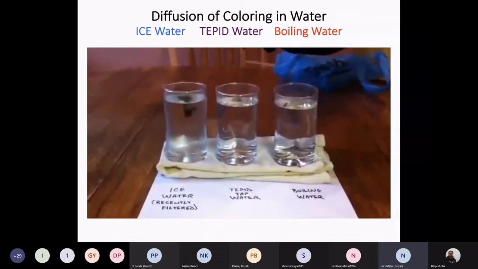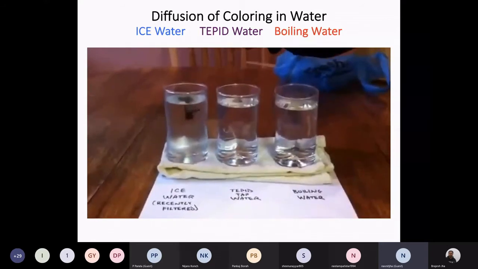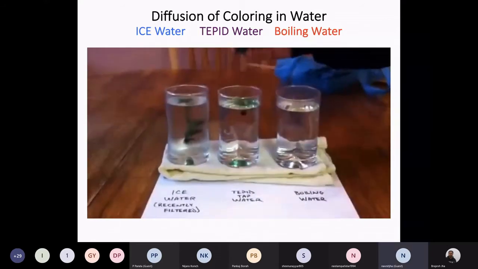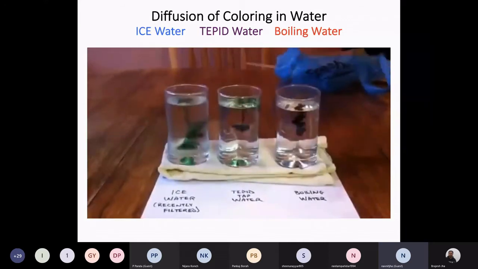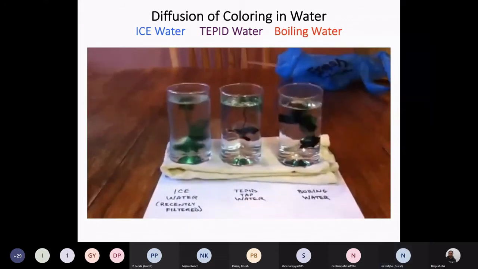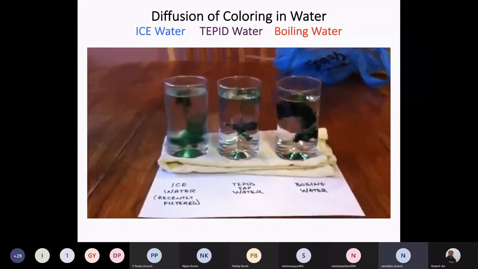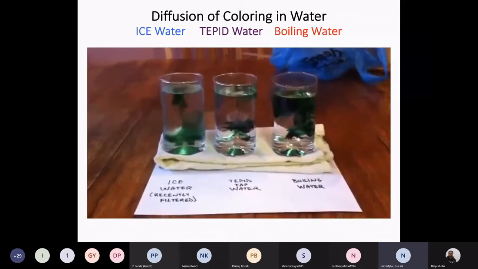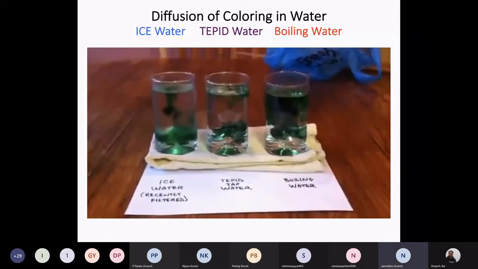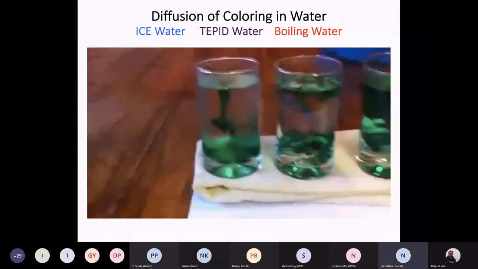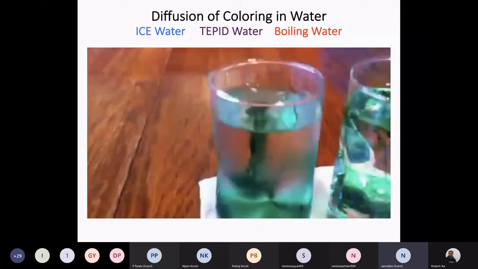This is the iced water, with some quantity of black color. This is tepid water, and here this is boiled water. You see the diffusion of color. Audience, can you tell me which one has the faster diffusion?